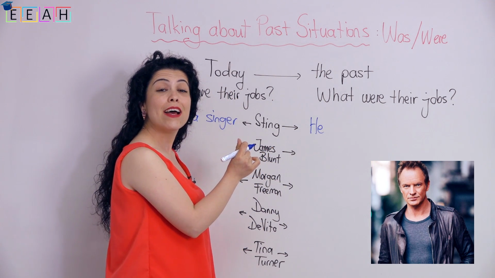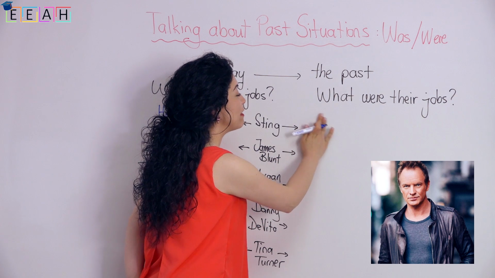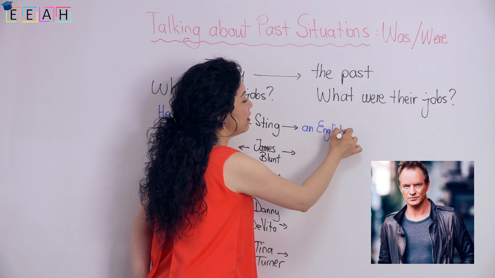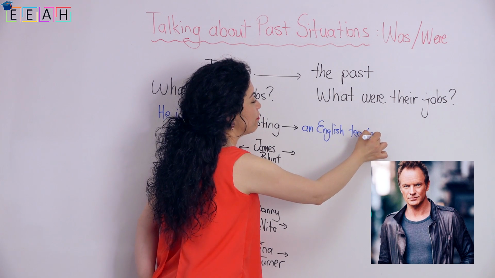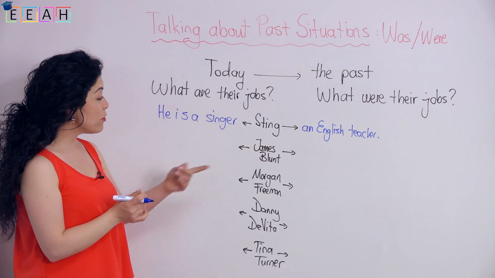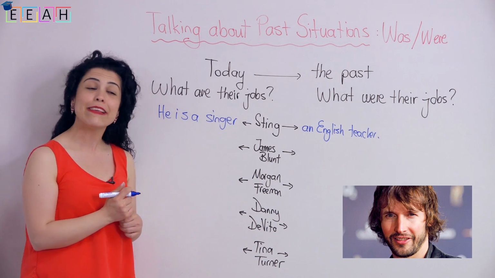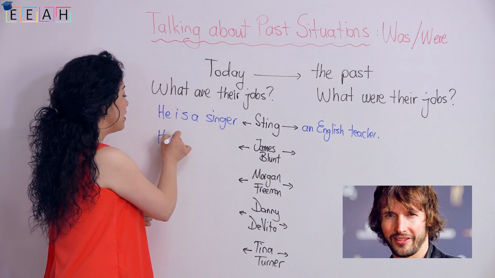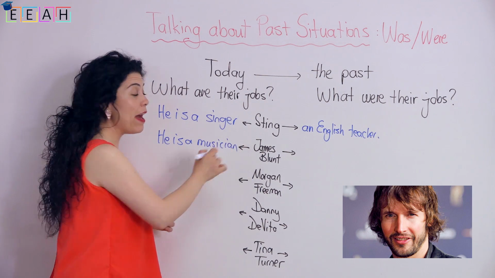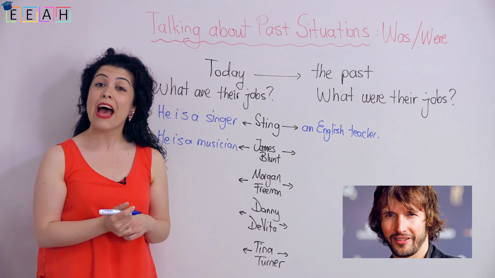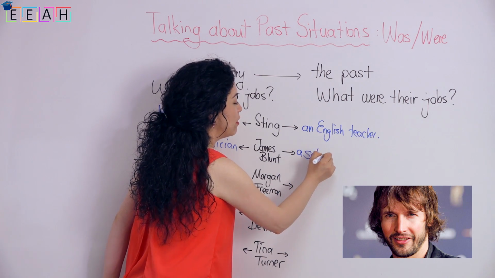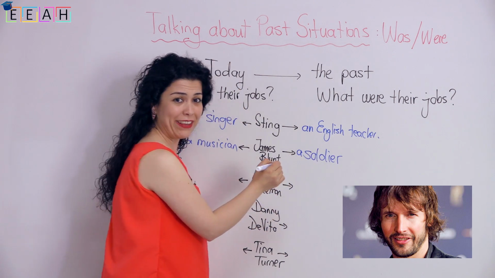He was an English teacher. Okay, so he was an English teacher. What about James Blunt? He is a musician too, right? He is a musician. But in the past, he was a soldier. A soldier. Did you know that?